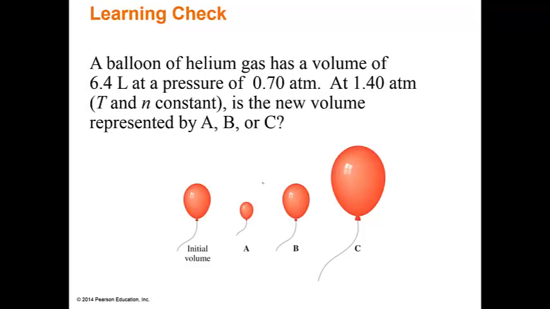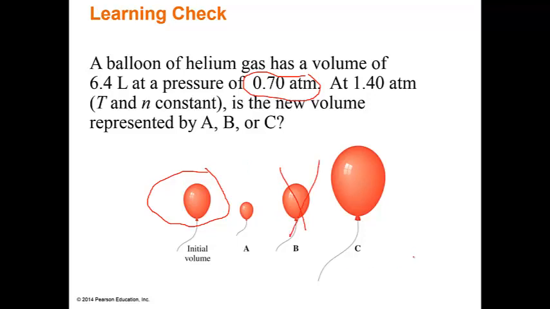All right, a balloon of helium gas has a volume of 6.4 liters and a pressure of 0.7 atm. At 1.4 atm, what's going to happen? This is the initial volume. We know based on Boyle's law something's going to happen.